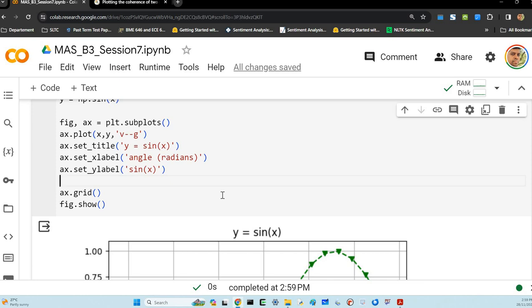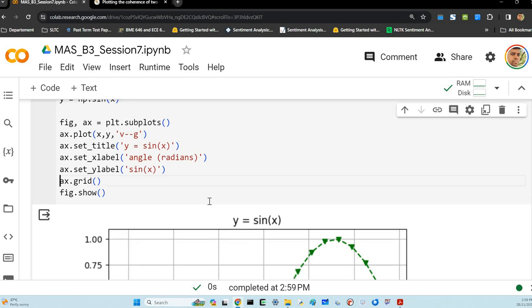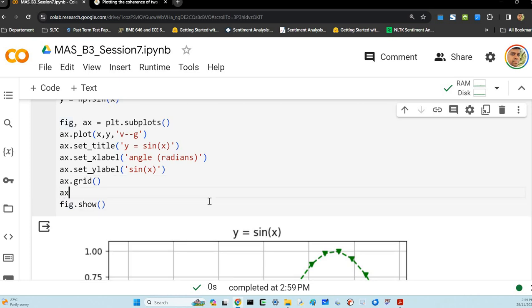And then we can have the legend. So we can have ax dot legend.